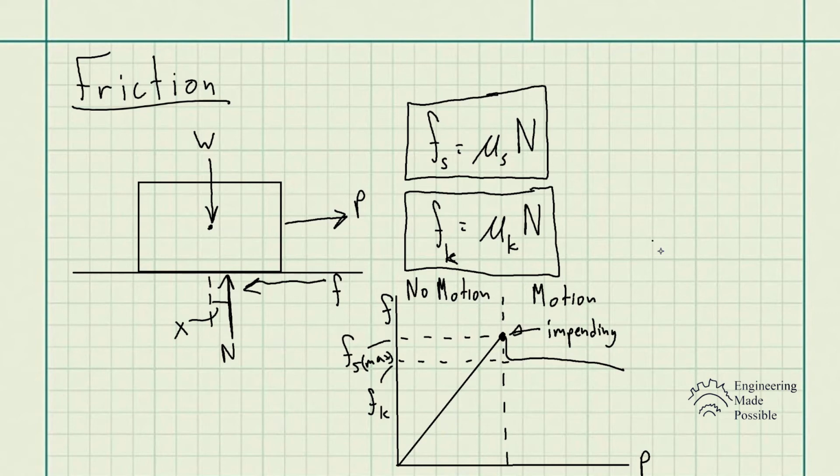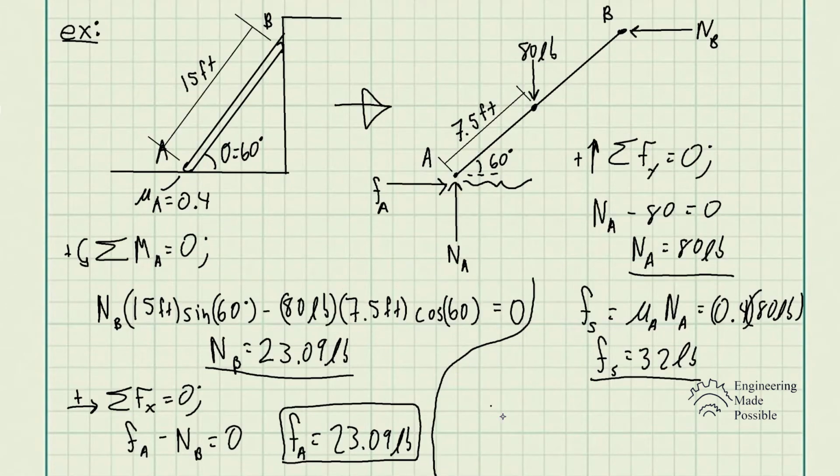And that's what we see in the problem we just solved. The frictional force Fa is less than the maximum static friction, which means there is no motion. Therefore, the ladder is not slipping.